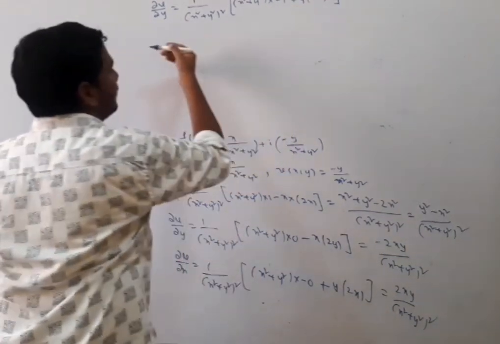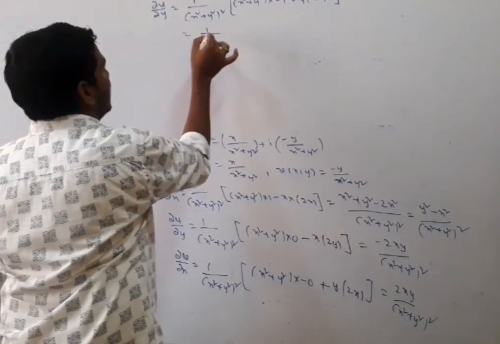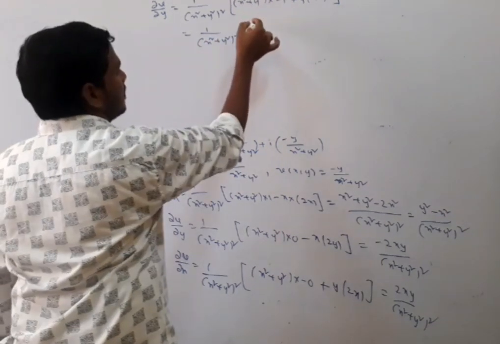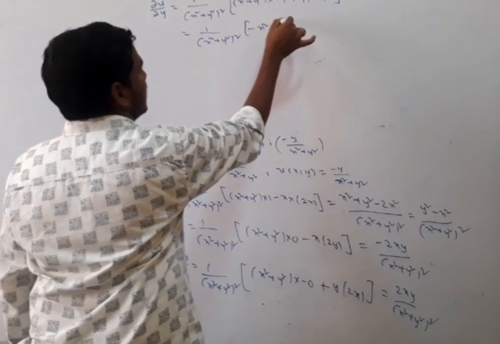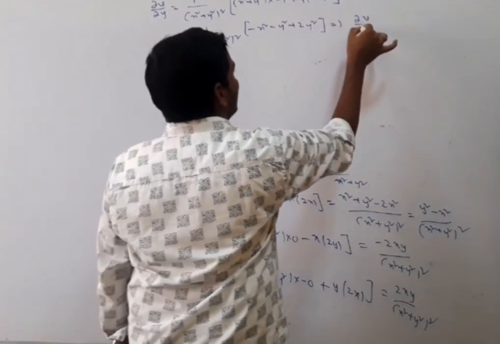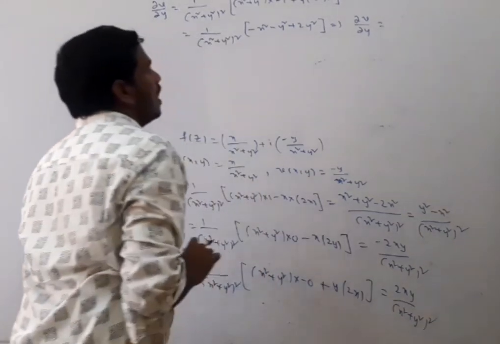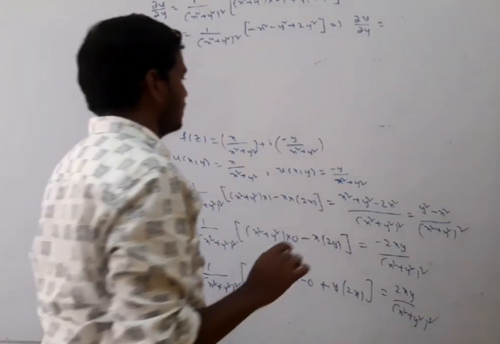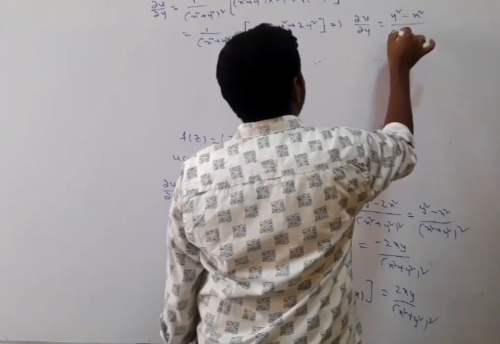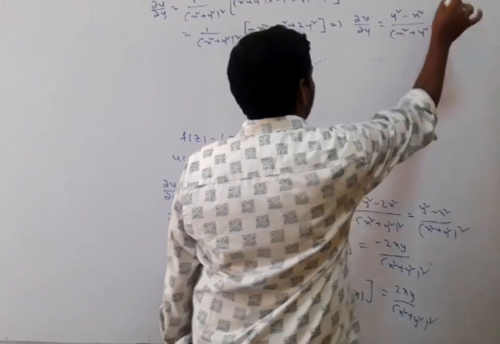So finally we have 1 by (x² + y²) whole square into (−x² − y² + 2y²). That implies ∂v/∂y is equal to (y² − x²) divided by (x² + y²) whole square.